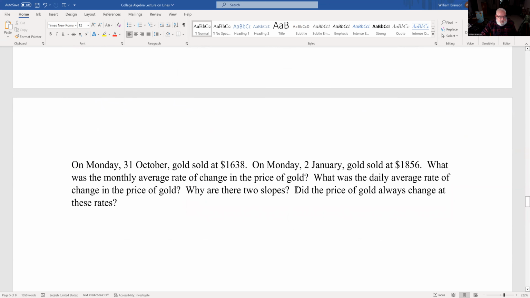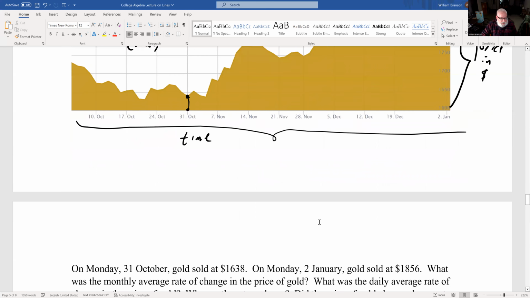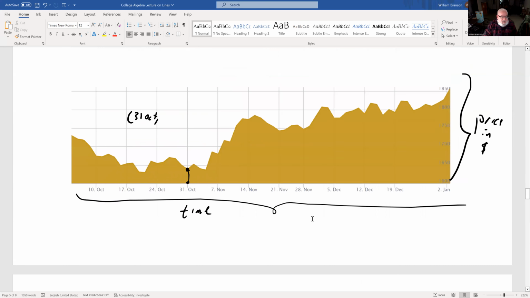So on Monday, 31 October, if we go to 31 October, we want to know how much gold was selling for. We go up to this point on the graph. We ask what point that is. That point is 31 October as your x coordinate, and your y coordinate is 1638.